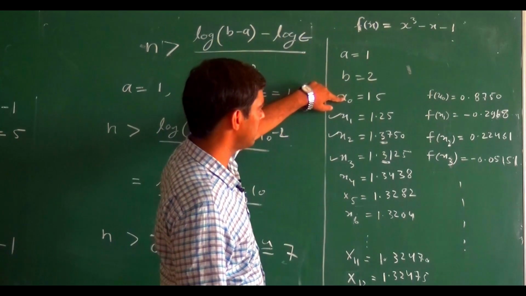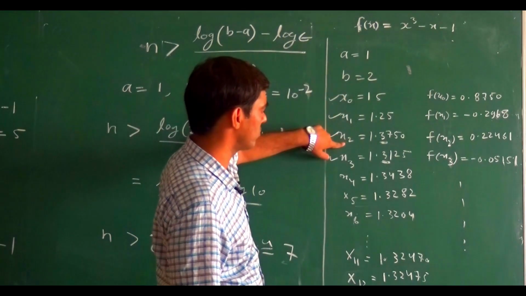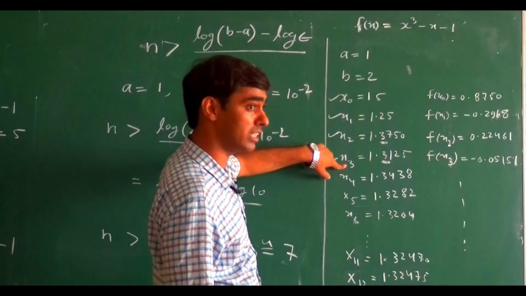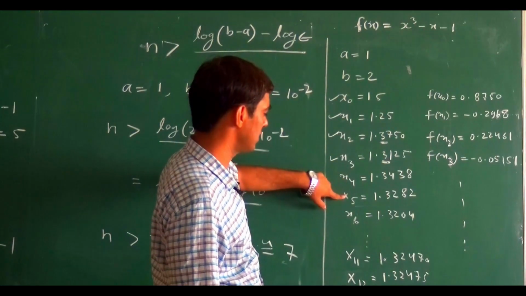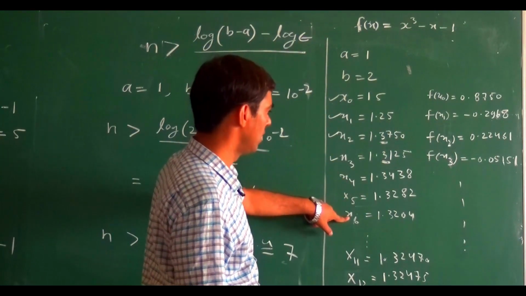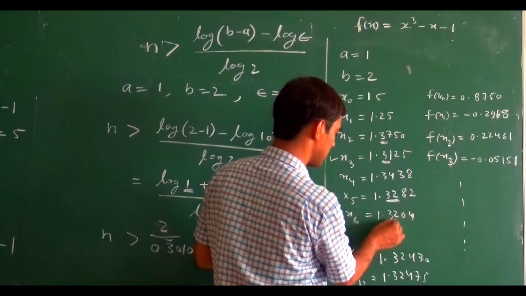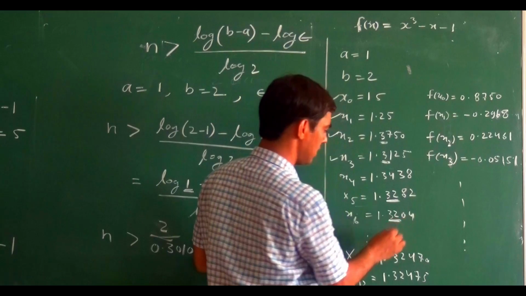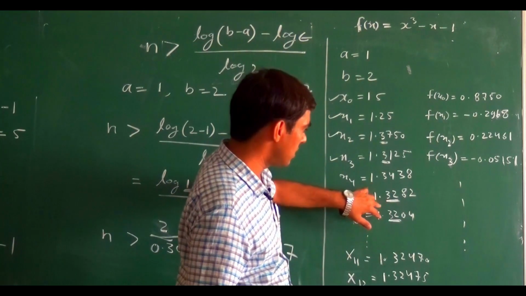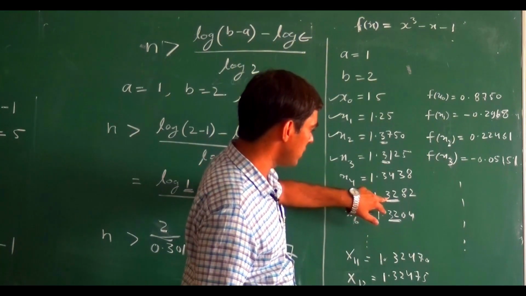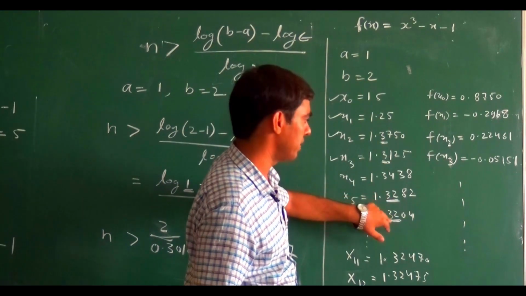So this is the first iteration, the second, the third, the fourth, the fifth, the sixth, the seventh. So in the 7th iteration, if we observe the 6th and 7th iterations, you will see the root is repeated up to 2 decimal places.